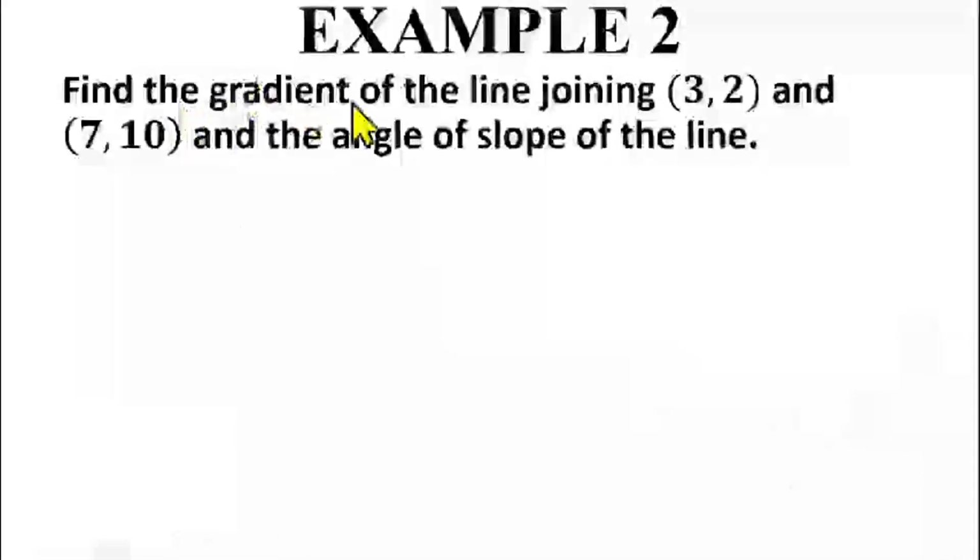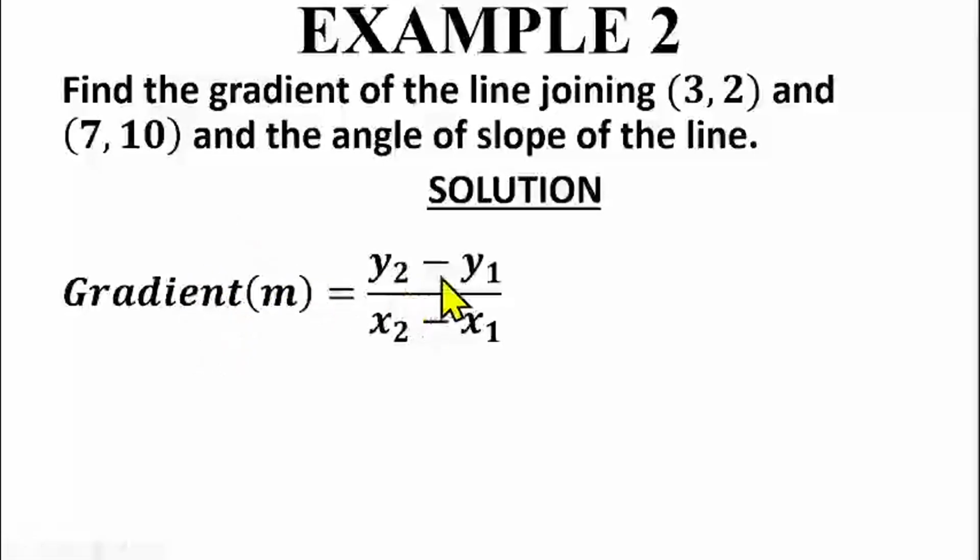Let's see another example. We have to find the gradient of the line joining this point and this point, and also we have to find the angle of slope of the line. So of course, to find the gradient, we know that the gradient is y2 minus y1 over x2 minus x1. Our y2 is 10, and our y1 is 2. Our x2 is 7.